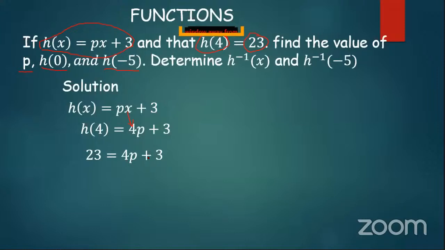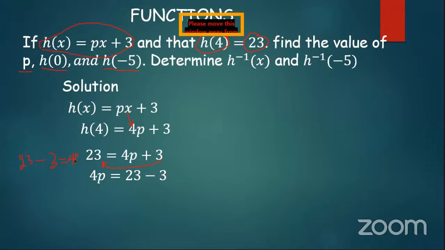And then after that, we shall take this 3 to the other side, like we are going to collect like terms together. So it becomes 4p is equal to 23 minus 3. I've changed the order here, but it is okay. It was supposed to be 23 minus 3 is equal to 4p.